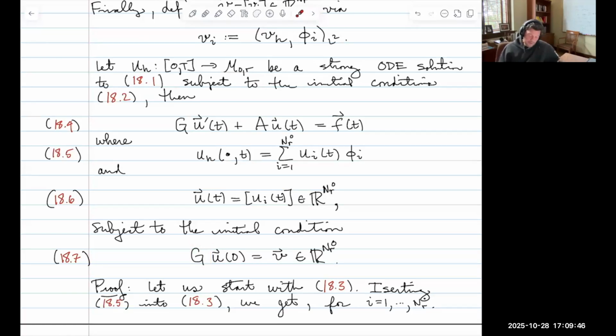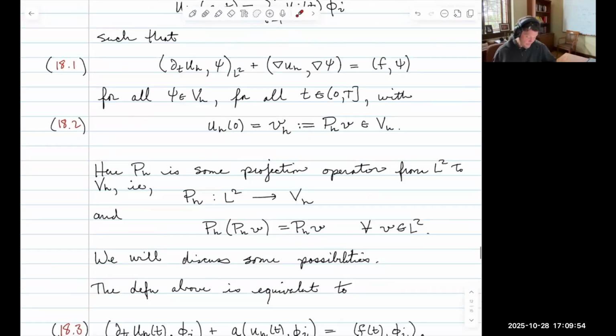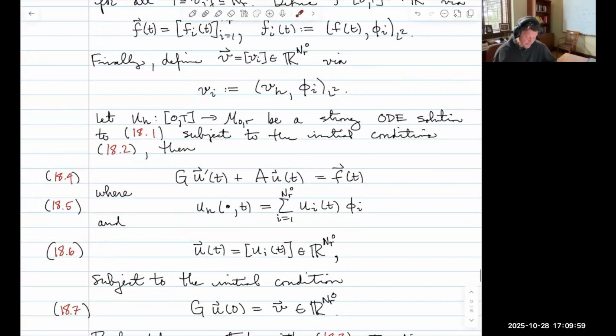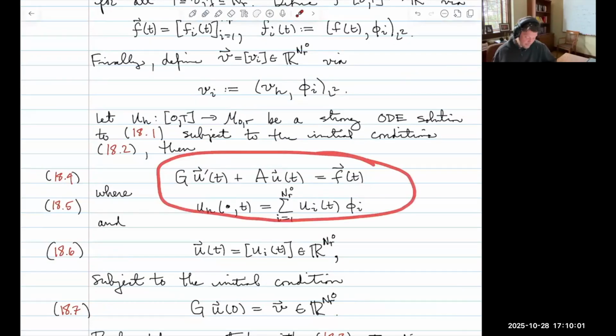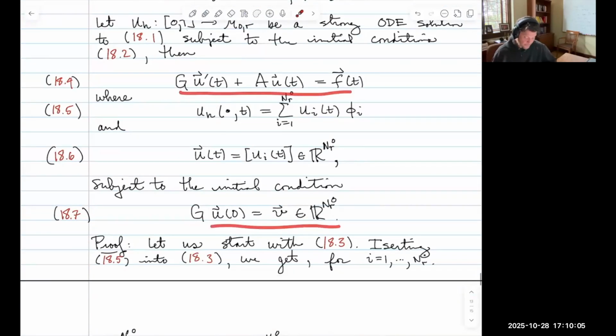All right, so what I'm going to try to show is that the semi-discrete finite element method that I just cooked up here really can be written in component form in this way. Okay, it solves this problem with this initial condition.